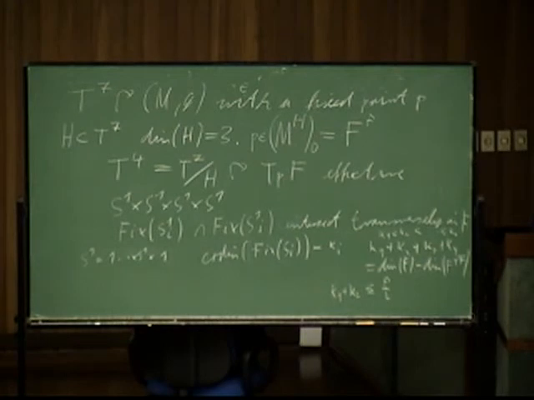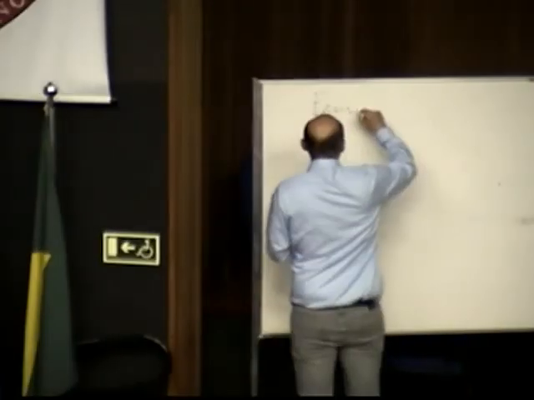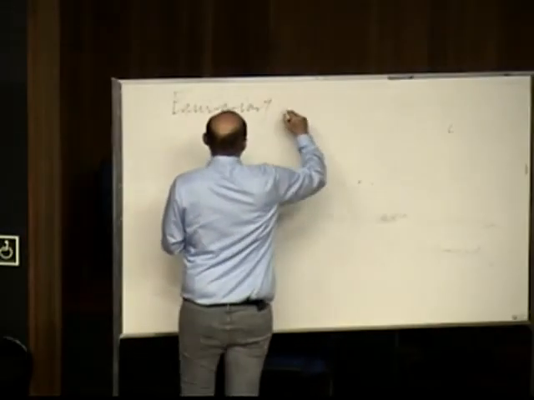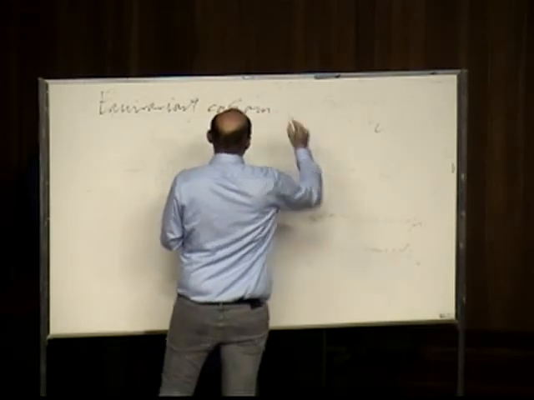So once you have 4 periodic, you're still not quite done. You still need to work a bit after that, right? And the main tool there is equivariant cohomology, right?